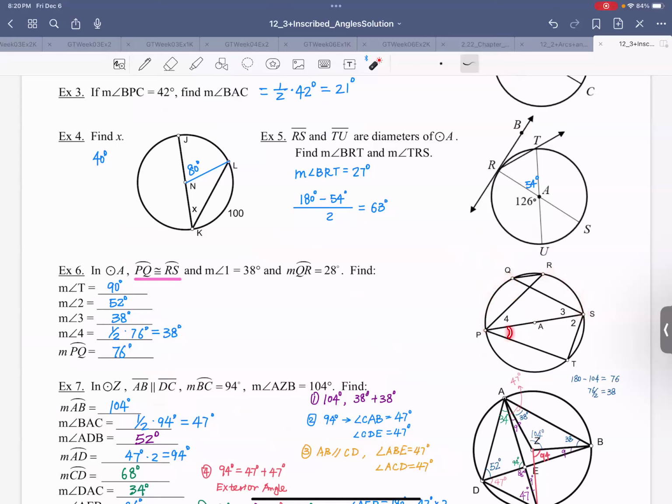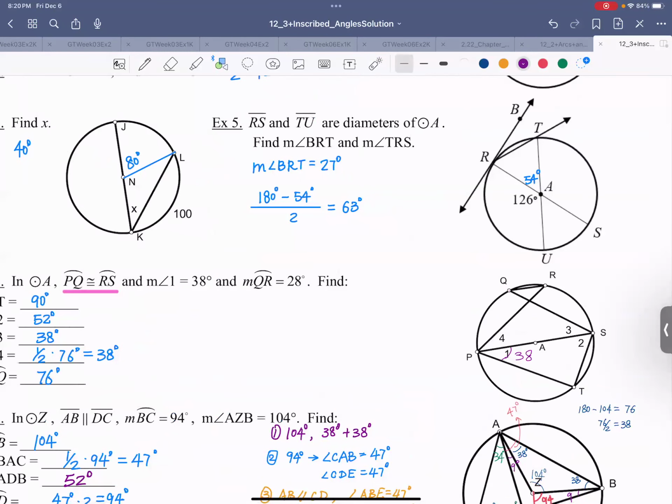And you have angle 1, which is 38 degrees. So let's mark it. For doing those complicated geometry questions, you want to have the good habit of marking things to solve. This is 38 degrees. And then your QR, measure of angle QR, which is the center angle, right? So you connect here and you connect here. This is 38, right?